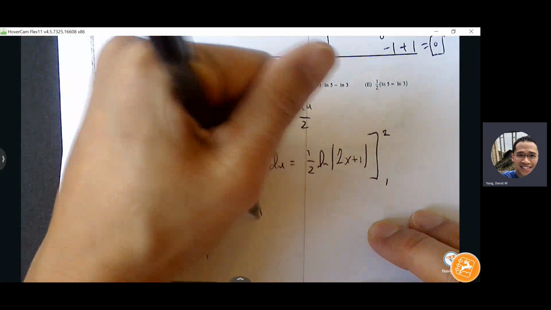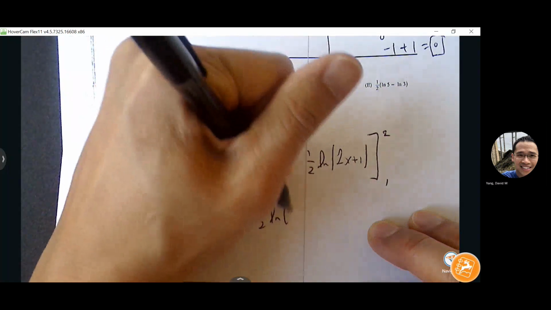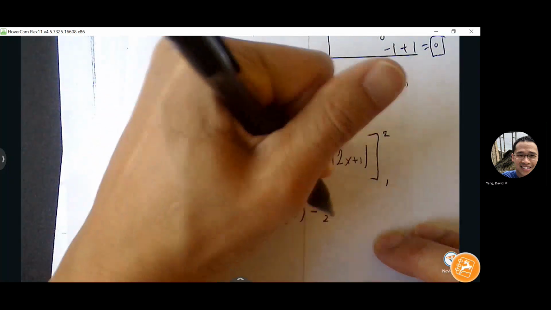Upper bound first. And then lower bound.